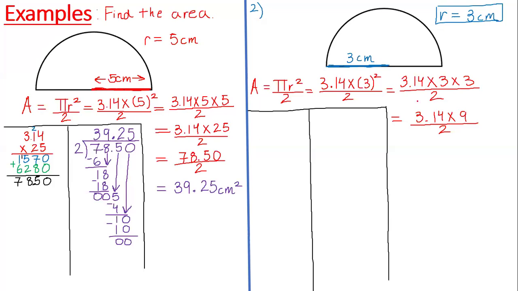All right, so we're gonna multiply. It's easy, just 3.14 times 9. What y'all got when you multiply them? 9 times 4 is 36.